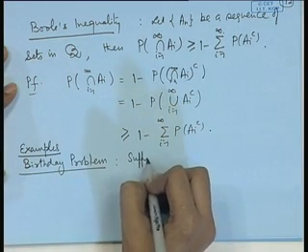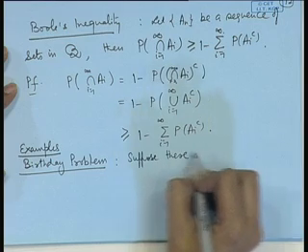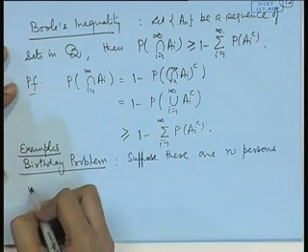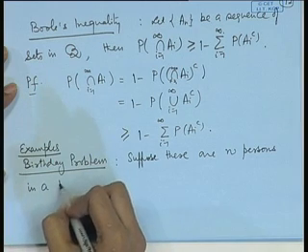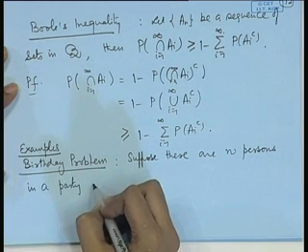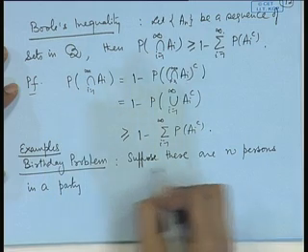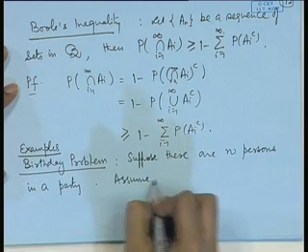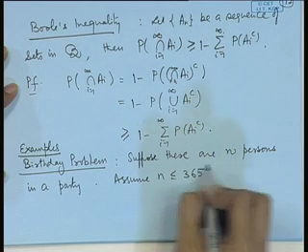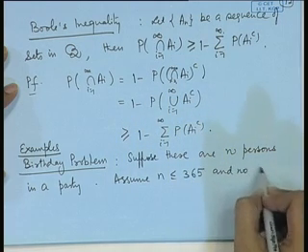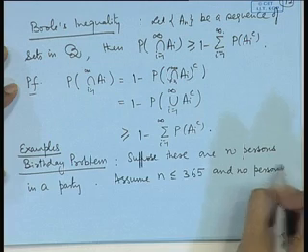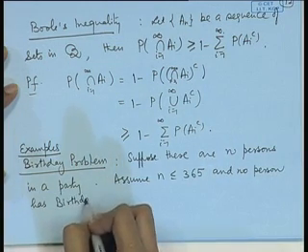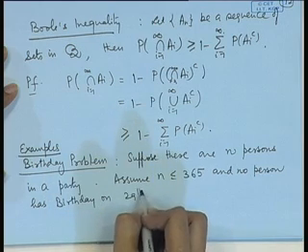Suppose there are n persons in a party, assuming that the number of persons is less than or equal to 365, and no person has a birthday on 29th February.